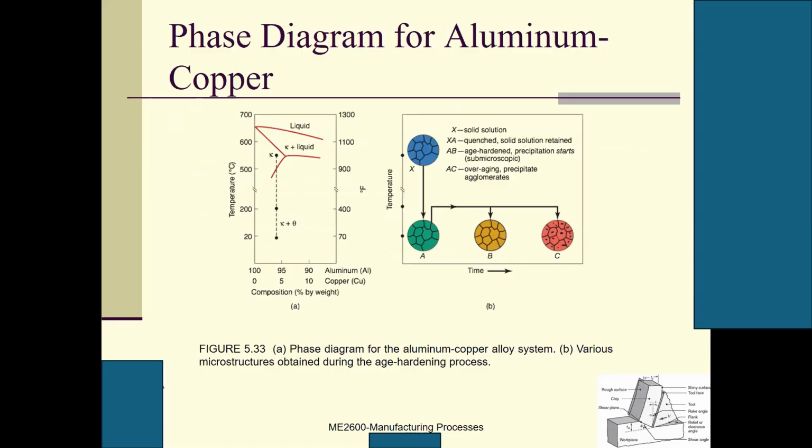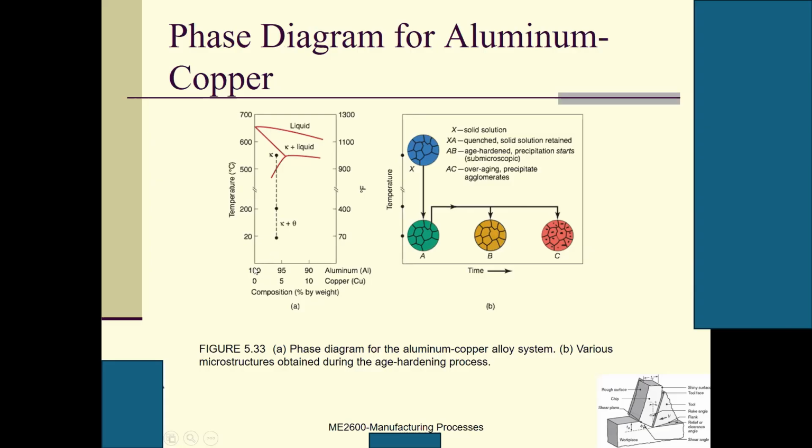Here is a phase diagram for aluminum-copper. As I said last time, we have this abscissa. The abscissa is usually the content of the material, and the ordinate is the temperature. We can see aluminum, copper.